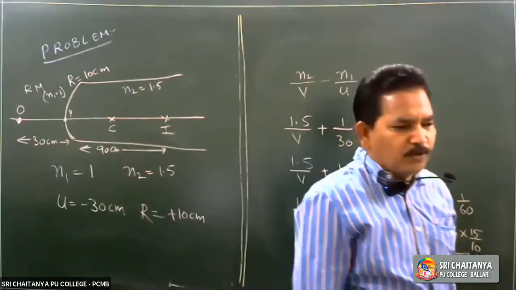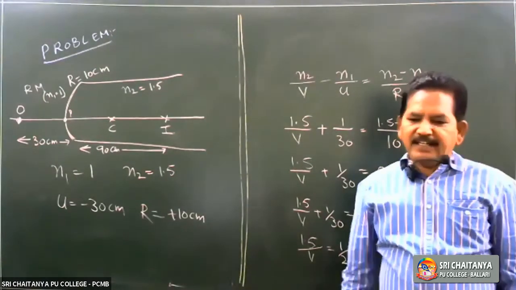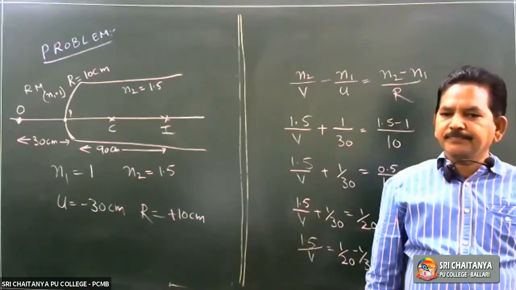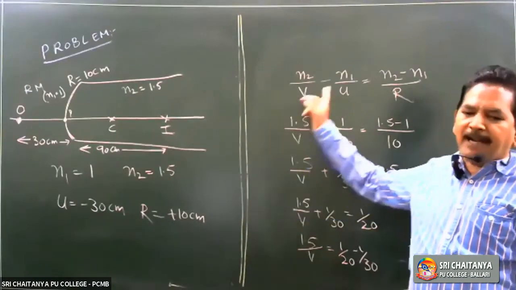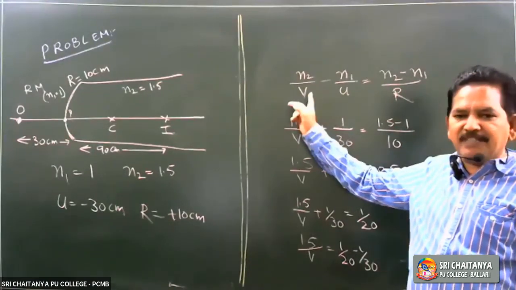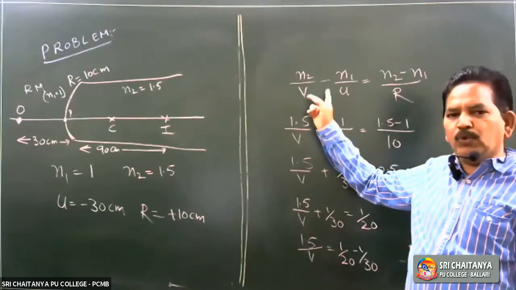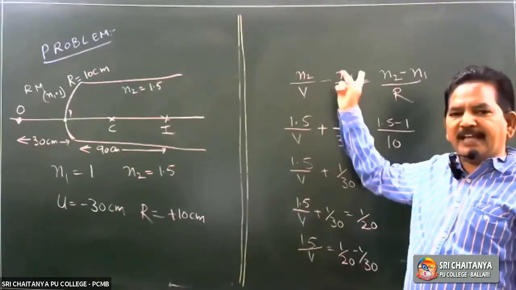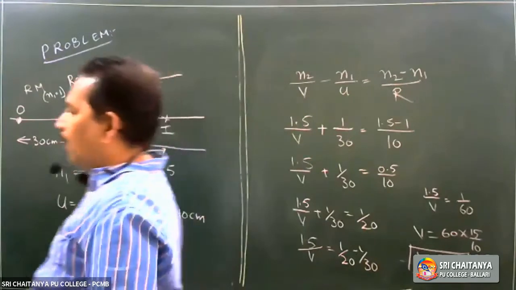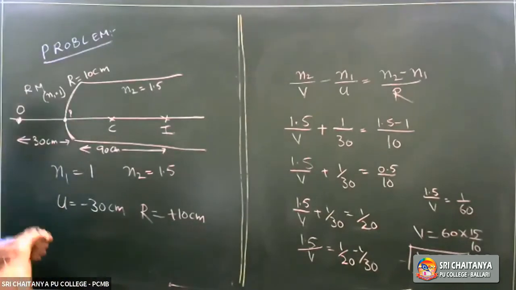You are asked to find the position of the image in the denser medium, whether it is a real image or virtual image, and at what distance it will form. First write down the data, apply the appropriate formula, because the object is in the rarer and the image will be in the denser. N2 by V minus N1 by U is equal to N2 minus N1 divided by R. This is how we can solve the problems on refraction at the spherical surface.